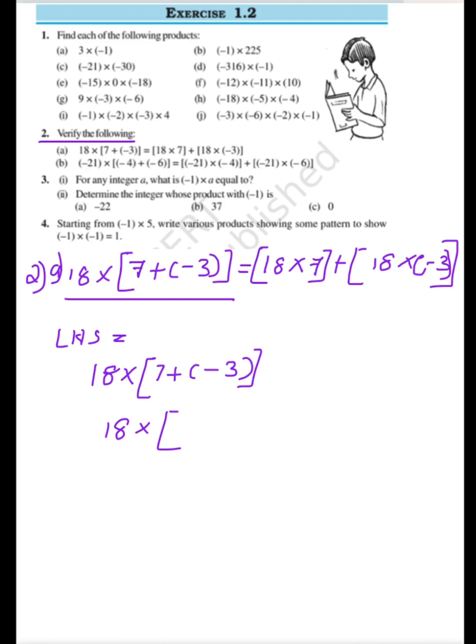Now what is 7 plus minus 3? It is 4. You do the subtraction and put the sign of the bigger number. So the answer will be 4. Now what is 18 into 4? 8 into 4 is 32, carry 3, 72. So the answer will be 72. In the LHS we got the answer as 72.